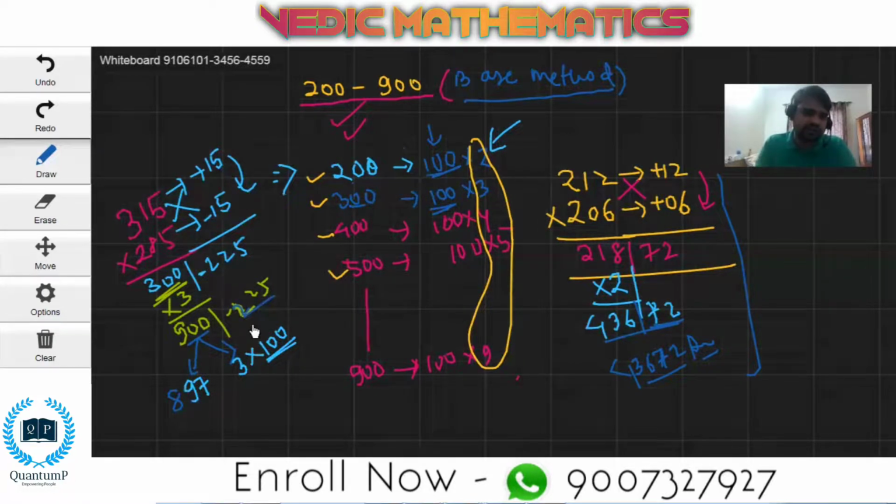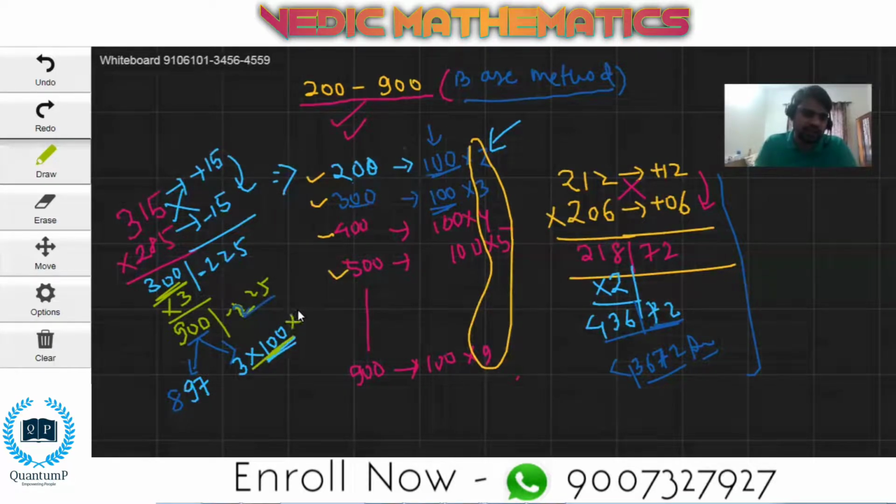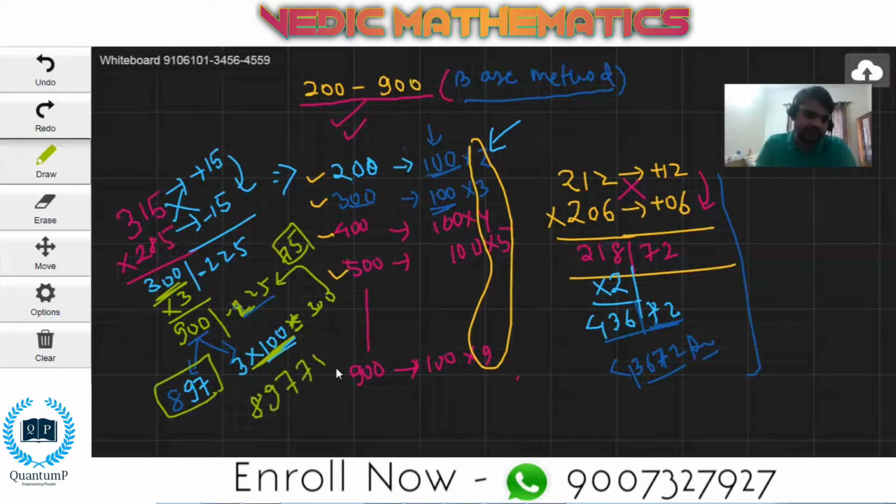This 300 is subtracted by 225, which gives you 75. So on the right side we get 75, and on the left side we have 897. So the final answer is 89775. Clear, right?